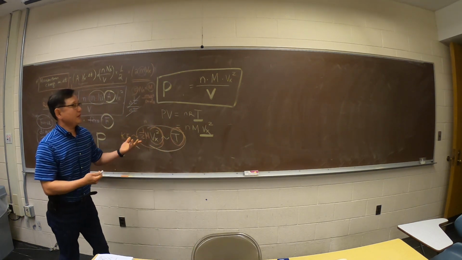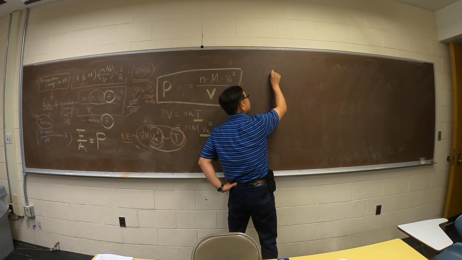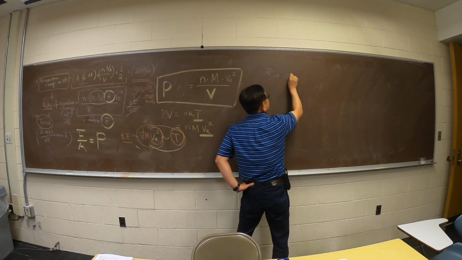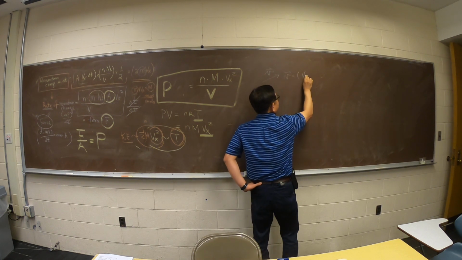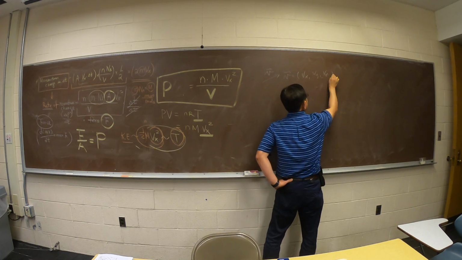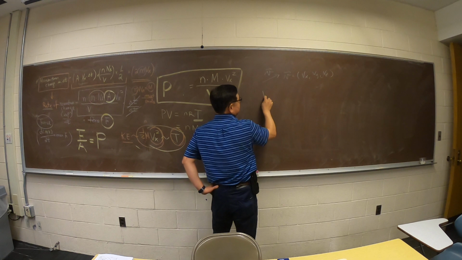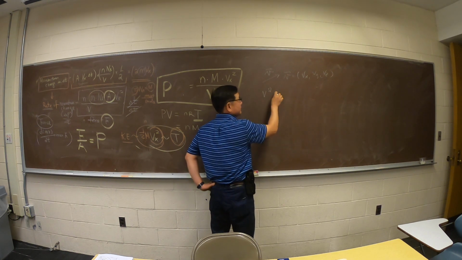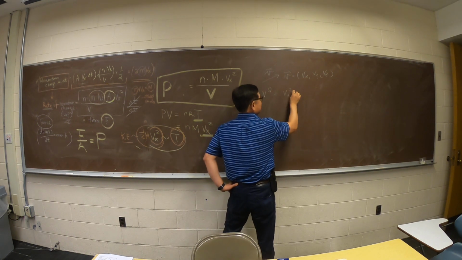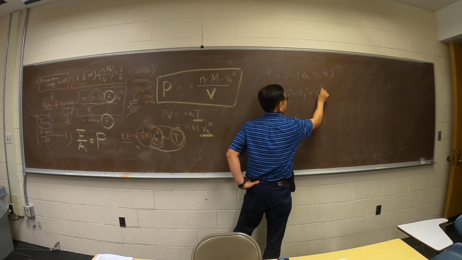And then I just have to correct a little bit here because this V as a vector has X, Y, and Z components, right? We just talked about the Vx, so V squared is Vx squared plus Vy squared plus Vz squared.